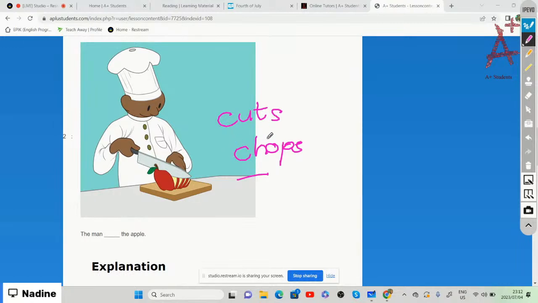Because it's an action that he's doing. He's either cutting the apple or he's either chopping the apple, right? So we can either say then cut the apple because he's using a knife, right? So let's rather go with the word cut, especially since he is also nicely using the knife to show that he is cutting up the apple into small pieces, right?